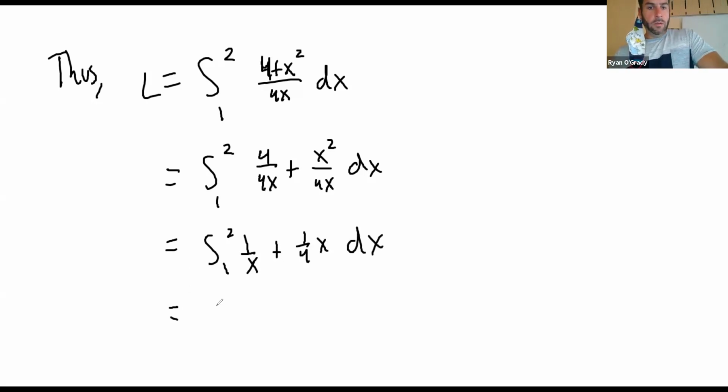And so you get log x plus 1/8 x squared evaluated from 1 to 2.